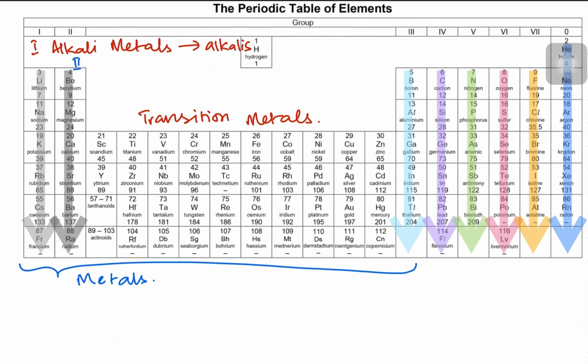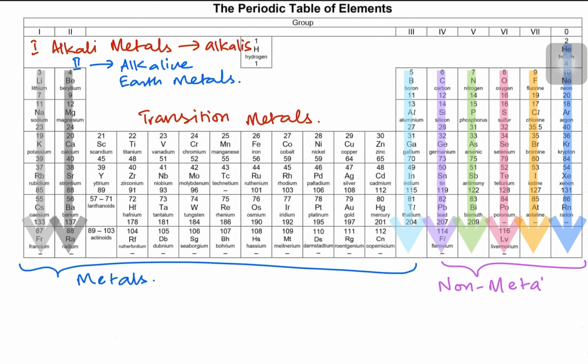And group number 2 is known as the alkaline earth metals. They are also slightly basic. That is why we call them the alkaline earth metals. So group number 1, 2, and 3, including the transition elements, are metals. And from group number 4 till group number 0, you have non-metals.